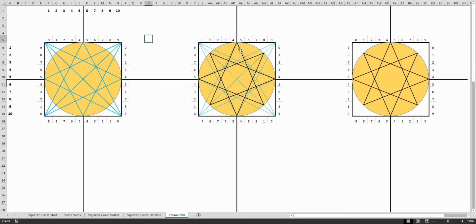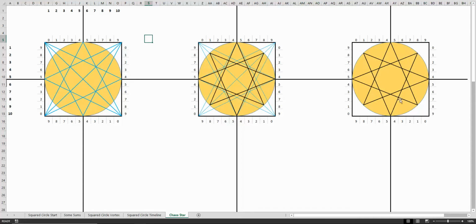Okay, now if I break that down to where I'm on the same trajectory with my lines, like from this 5 to this 0, and I keep it inside the circle, that gives me this pattern. And if you don't know what this is, it's called the chaos pattern.